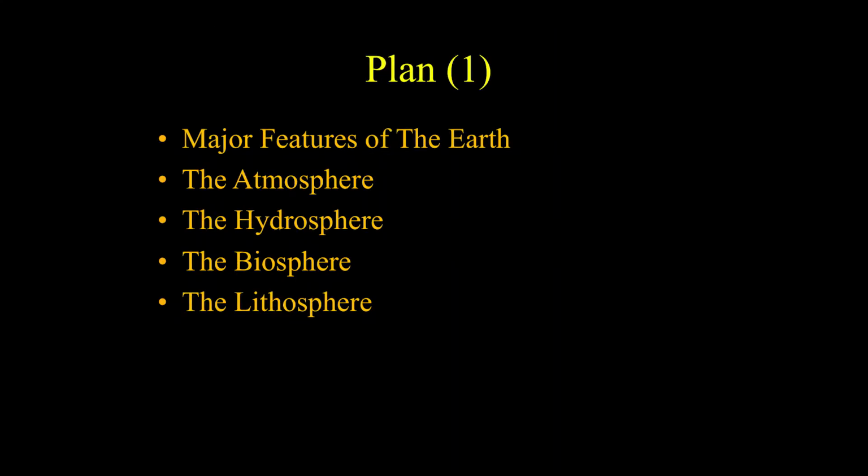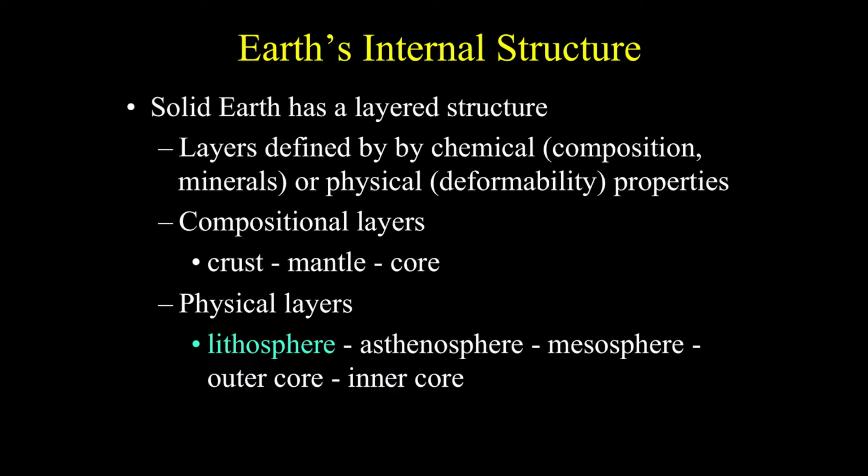Okay, let's now finally turn to the solid Earth. Solid Earth has a layered structure. These layers can be defined by chemical or physical properties. Chemical properties mean composition rocks and their minerals. Physical properties means deformability, differences between solids, liquids, and gases.